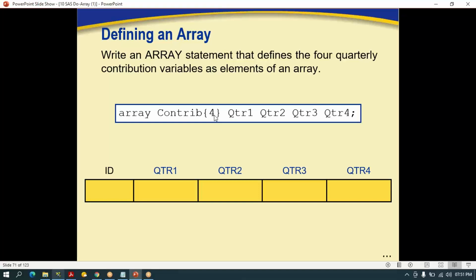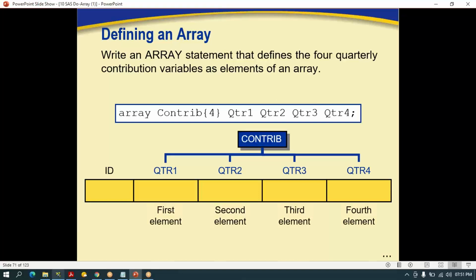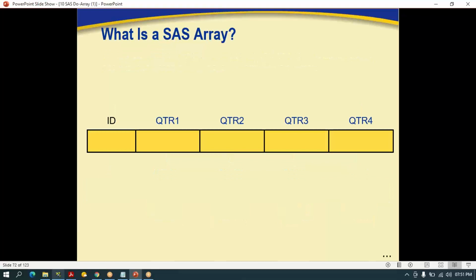It means we are creating 4 different variables under the array grouping name contrib, and these 4 variables are quarter 1, quarter 2, quarter 3, quarter 4. These variables are already present in the existing data set, so you are using them.